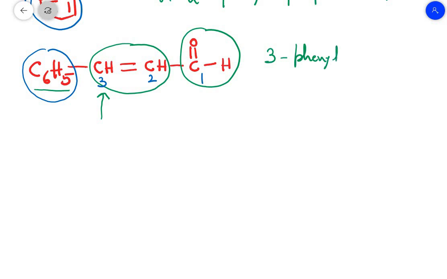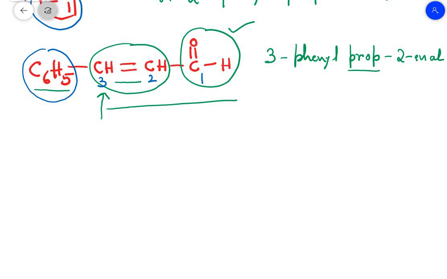3-phenyl prop-2-enal, because here we have 3 carbon atoms in a straight chain, so it is called prop, and at second carbon we have a double bond and it is called 2-ene. Since it is an aldehyde, it ends with al.